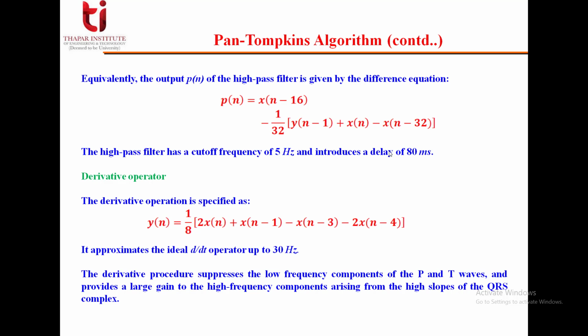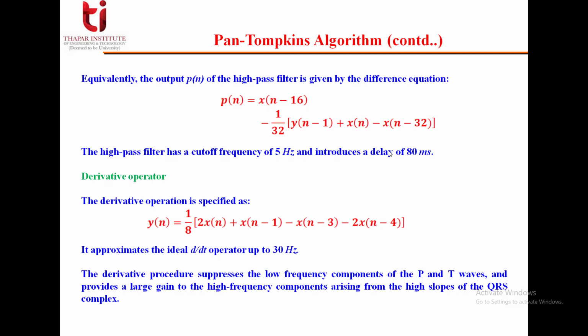Then next, after this filtering operation, keeping in cascade the low pass and high pass filter, which finally makes the band pass filter, we have the derivative operator. For the derivative operation, you can see the equation y of n is equal to 1 by 8 times 2 x of n plus x of n minus 1 minus x of n minus 3 minus 2 x of n minus 4.